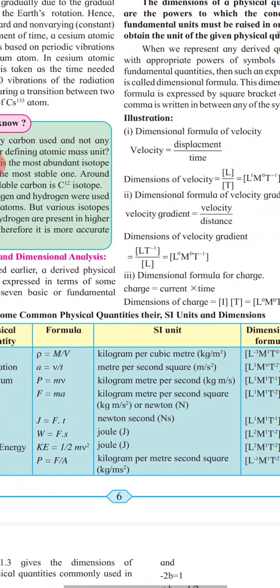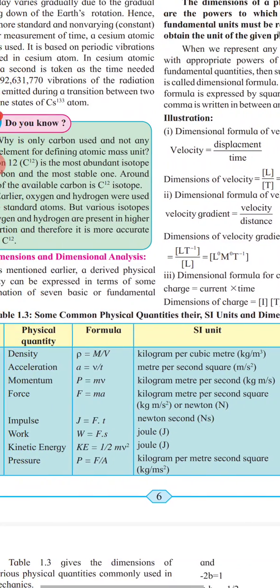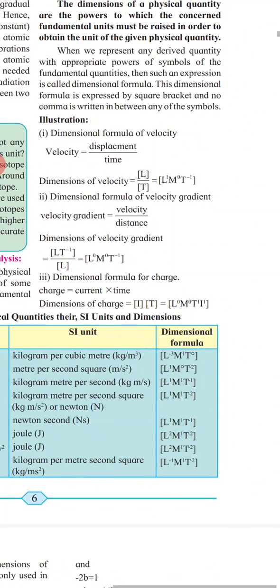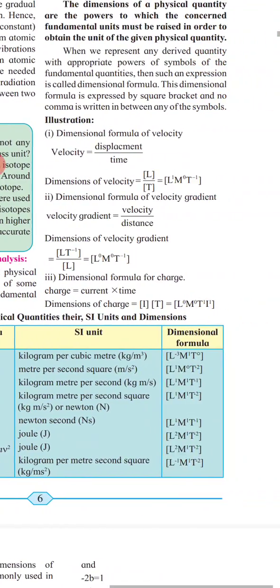Then momentum: mass into velocity, so it will be kilogram meter per second, so M^1 L^1 T^-1. Next, force: mass into acceleration, kilogram meter per second squared, so L^1 M^1 T^-2. Then impulse: force into time, so you write the dimension of force and again time, so L^1 M^1 T^-1, since minus 2 plus 1 is minus 1.